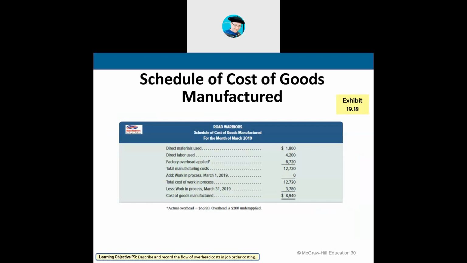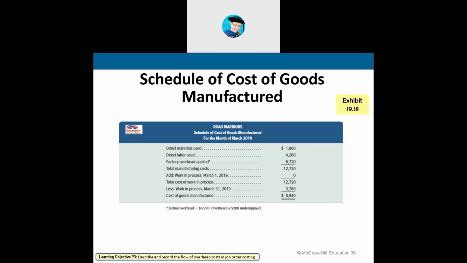This slide shows us the schedule of the cost of goods manufactured. This is an important one to understand because here we can see the difference between the factory overhead applied and underapplied.